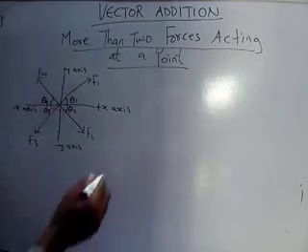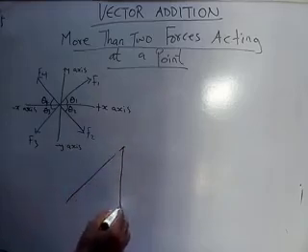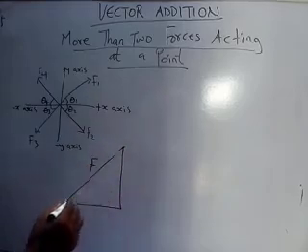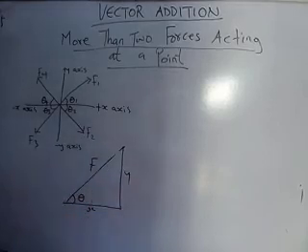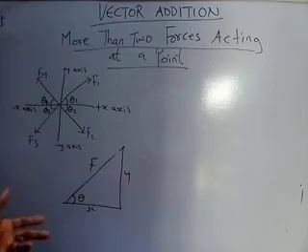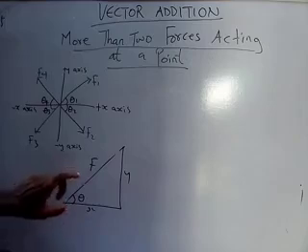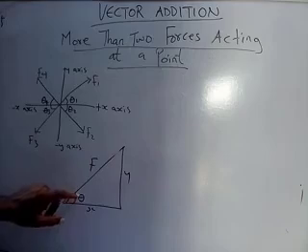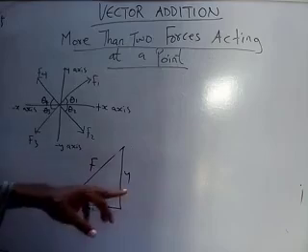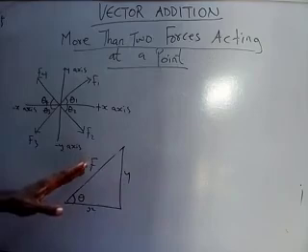Let's assume here is our F, and here's our theta. Here's our X, and here's our Y. To get our X, we're going to use cosine. For cosine, here's our adjacent and here's our opposite in relation to this angle, and this is our force.